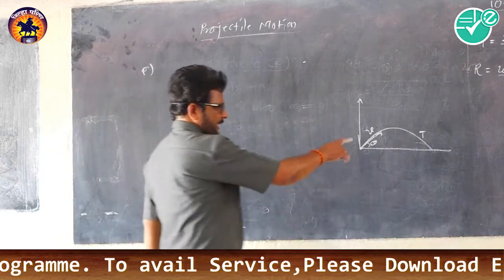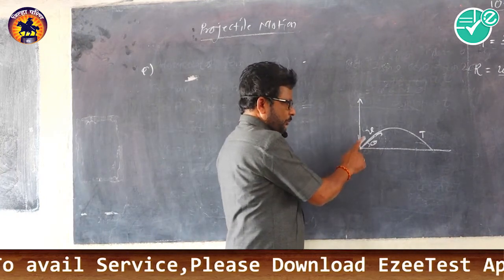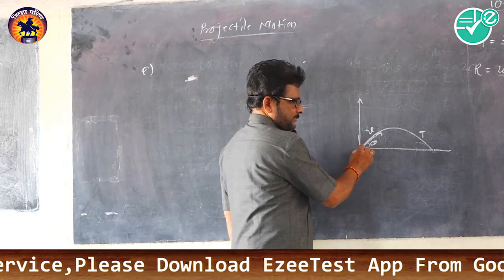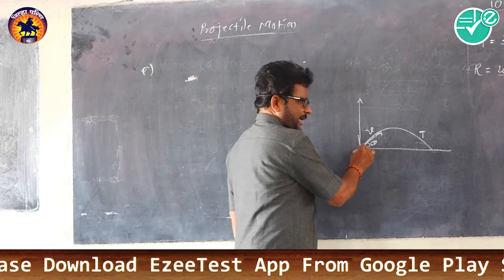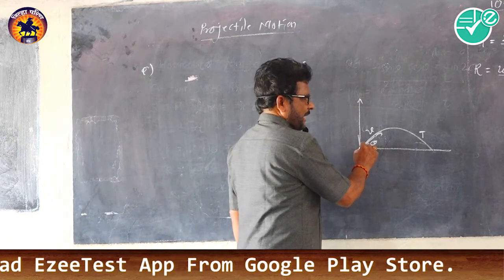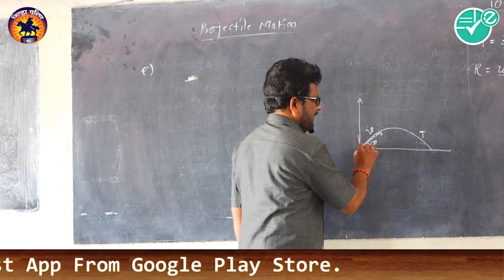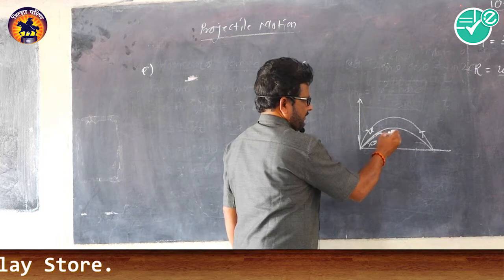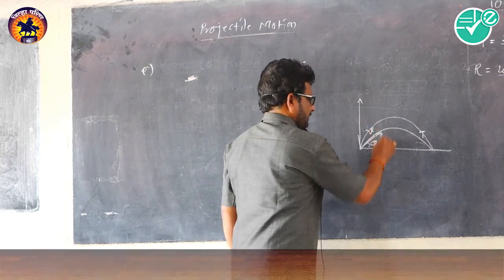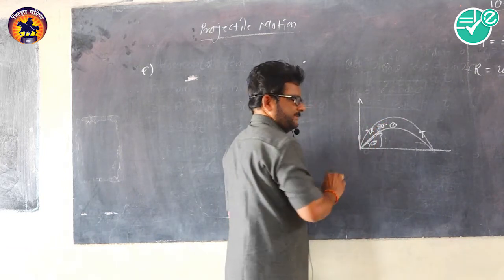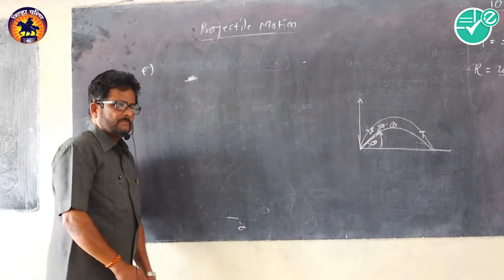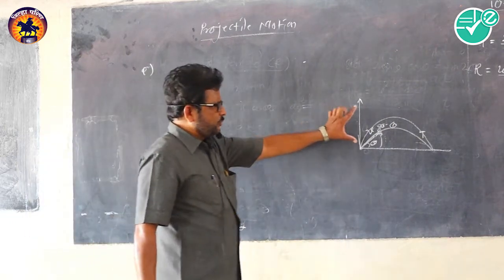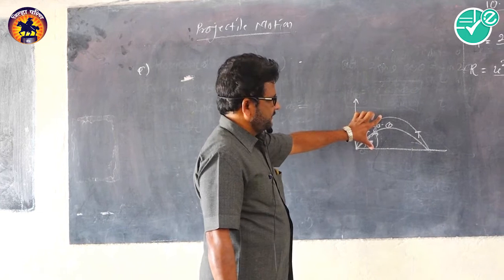Now, if the same projectile is projected by an angle of projection 90 minus theta, that means in this way. Suppose this angle is theta, and this angle is 90 minus theta. That means these two angles are complementary angles.